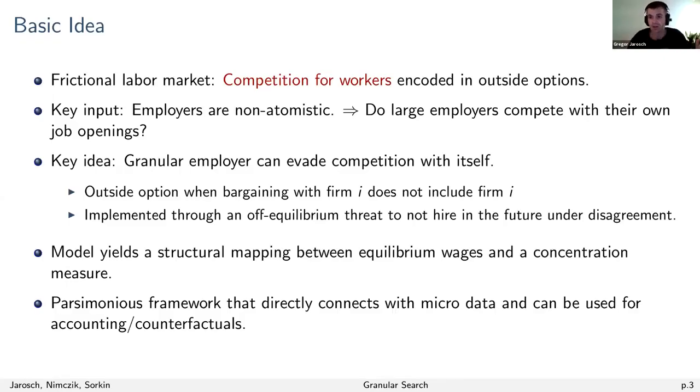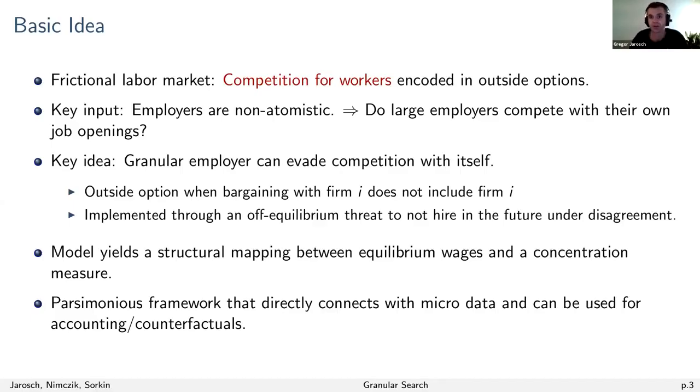Basically, the firm and the worker ask themselves what other opportunities there are in this local labor market for the worker, and that is an important determinant of the wage. Now, the first key deviation we take from the textbook model is that we'll be working with non-atomistic employers, so employers that account for a strictly positive fraction of employment in town.